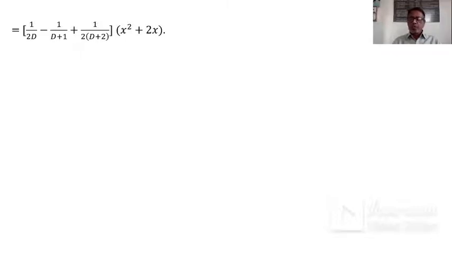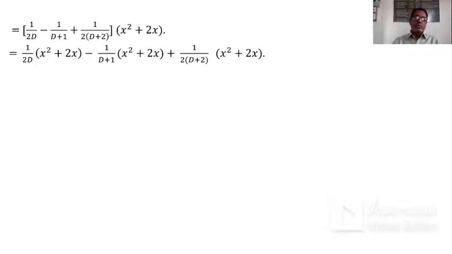Now we simplify this bracket and we operate one by one: 1 upon 2D operate on x square plus 2x, minus 1 upon (D plus 1) operate on x square plus 2x, plus 1 upon (2D plus 2) operate on x square plus 2x.